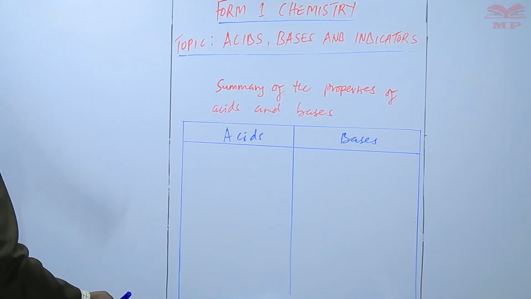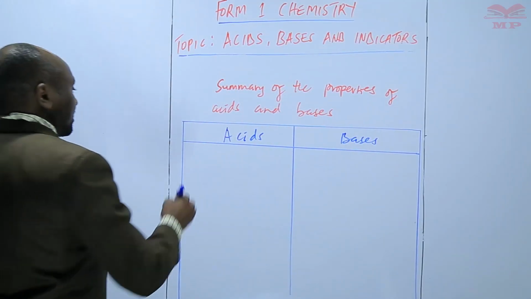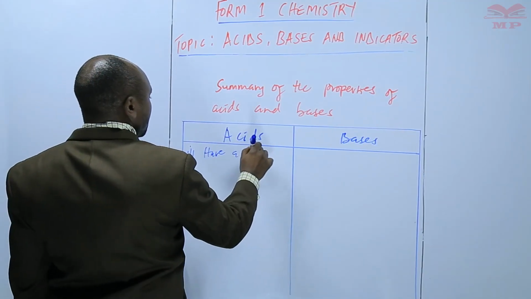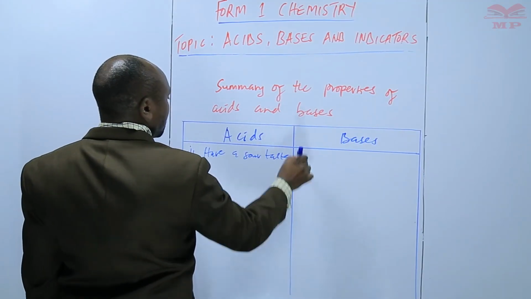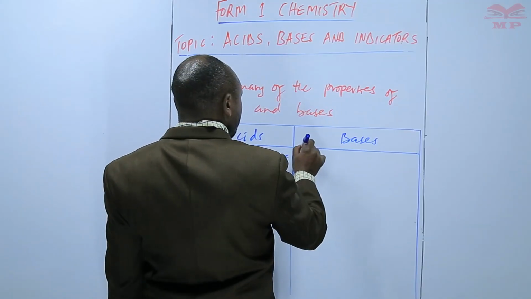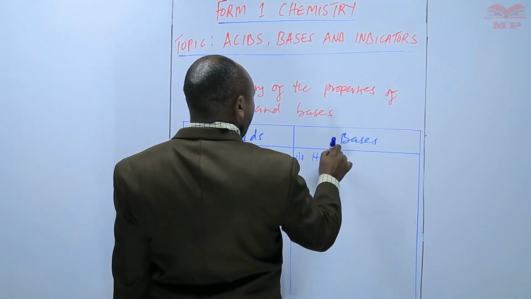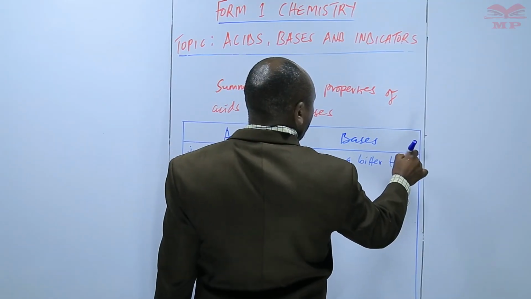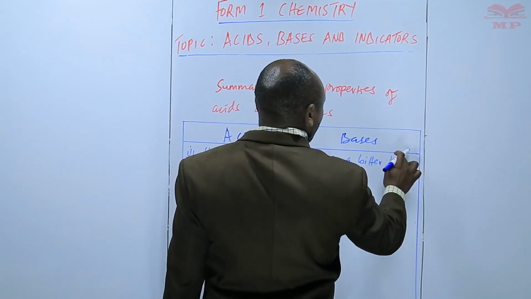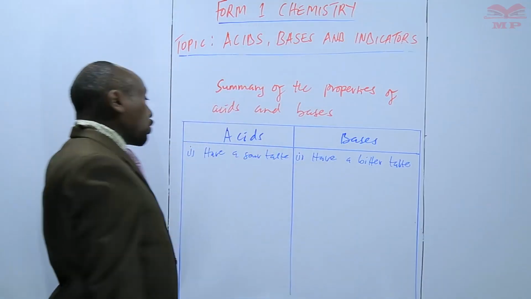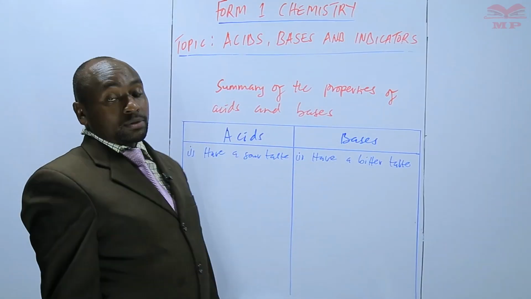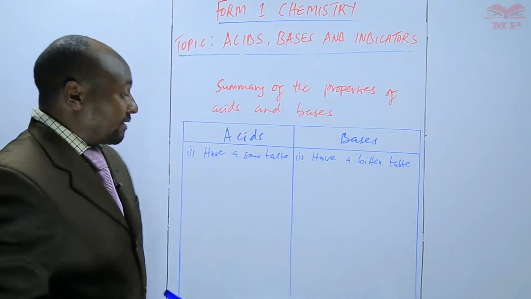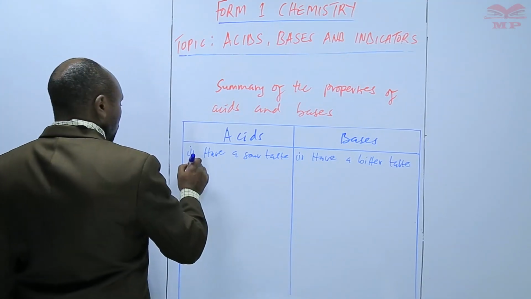In terms of acids and bases, we started by saying that acids have a sour taste, while bases have a bitter taste. Although we say that we should not go ahead and taste them, because some of the acids and bases are corrosive and they can be harmful to human beings.